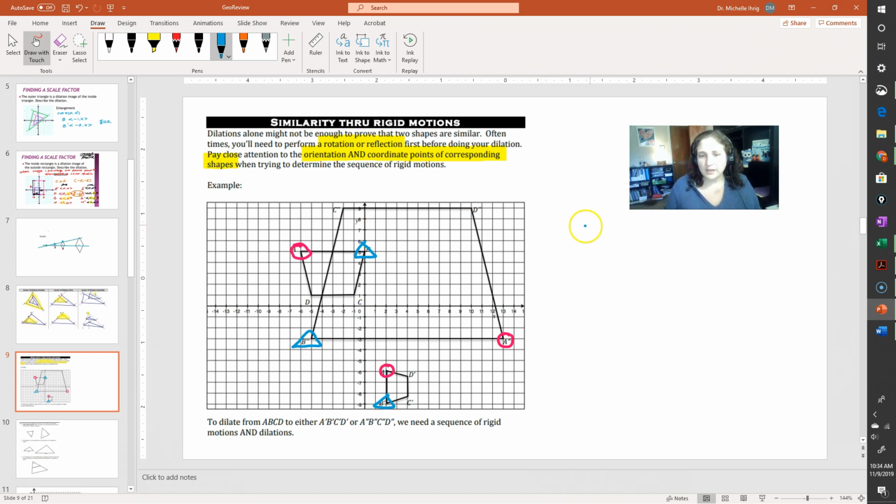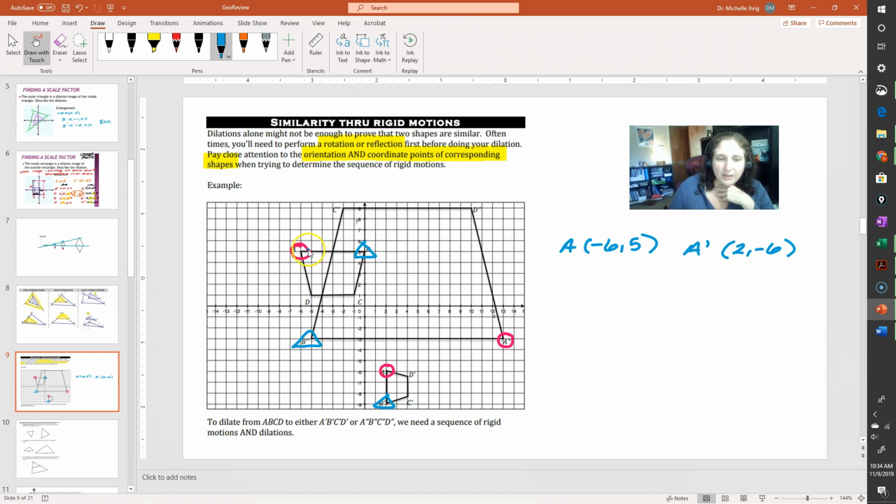So let's first take a look at going from A to A prime. A starts at (-6, 5), and A prime was (2, -6). So we have to see, what happened? Let's look at the other thing that happened.